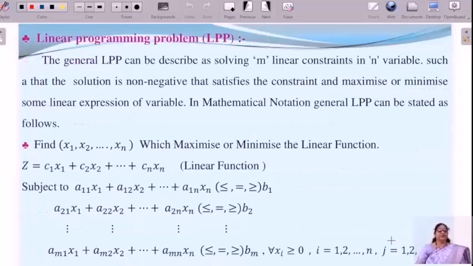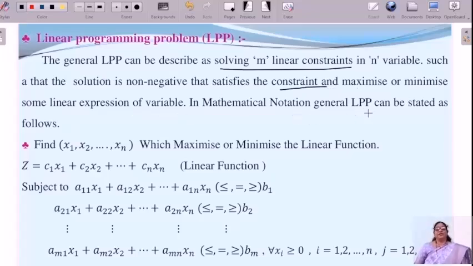Now let us see what we mean by linear programming problem. The general LPP can be described as solving m linear constraints, meaning you have m restrictions, in n variables such that the solution is non-negative and satisfies the constraints and maximizes or minimizes some linear expression of the variables.